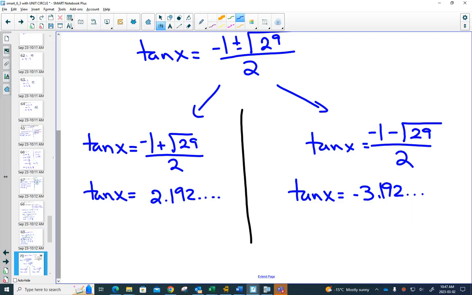So we have to go through and say, okay, according to my CAST rule, tan is positive in quadrant 1 and quadrant 3. Draw a triangle, label my reference angle. I would know that tan is opposite over adjacent, so I could label that this is 2.192 over 1.